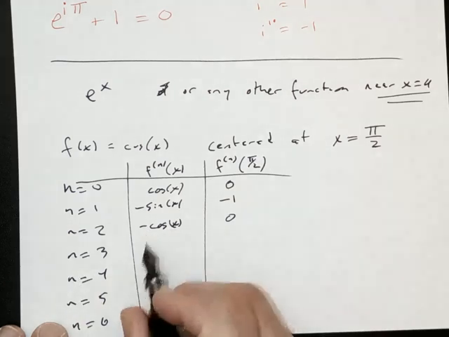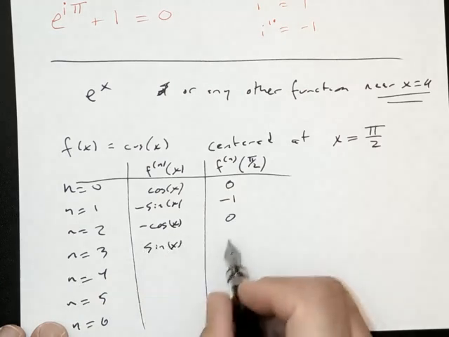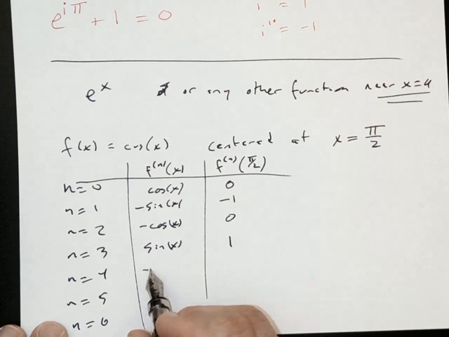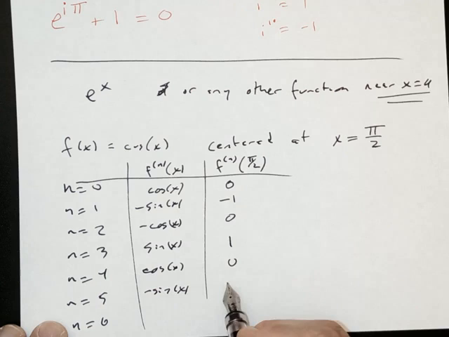Derivative of negative cosine is positive sine. Sine of pi over 2 is 1. Wait a minute, I'm in the same boat, aren't I?